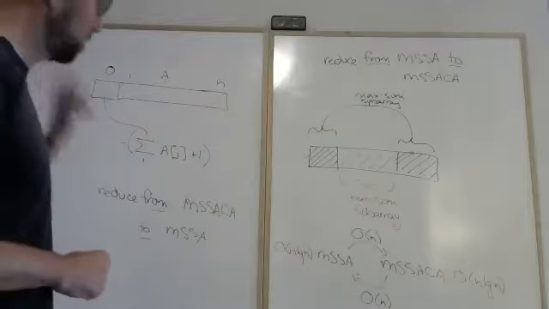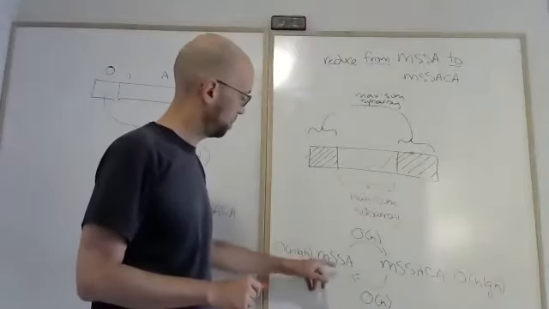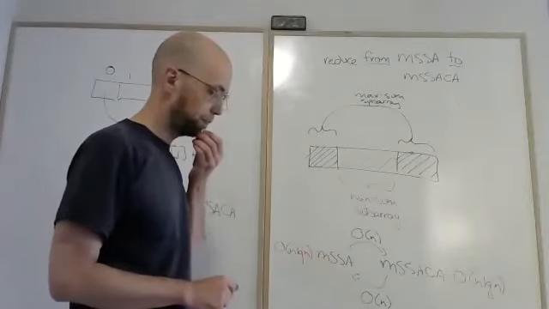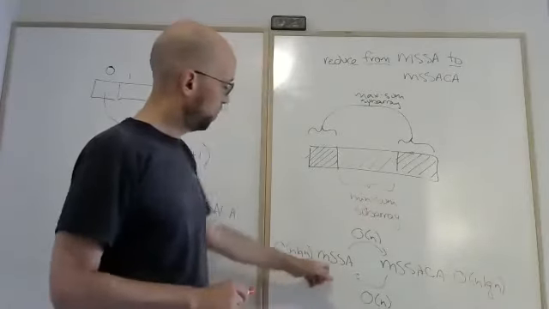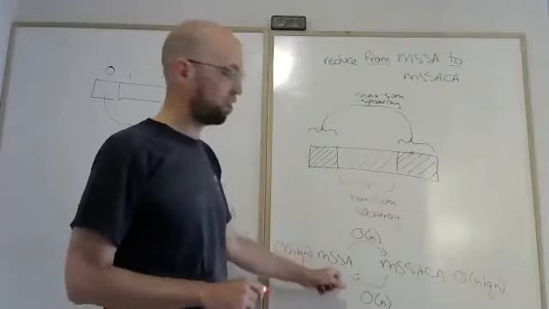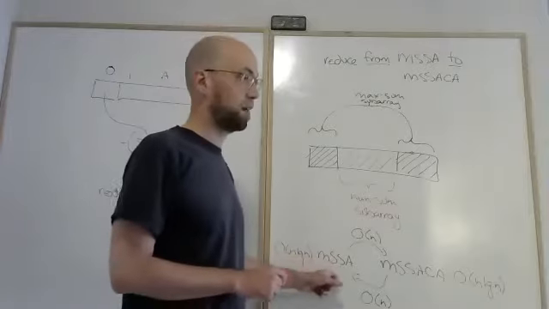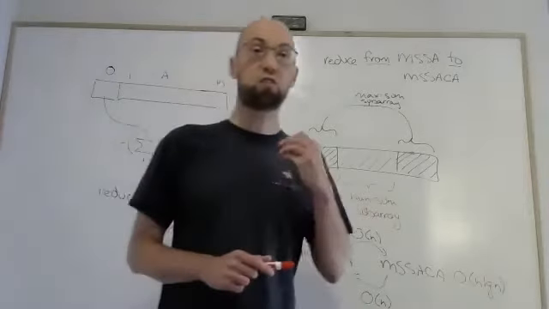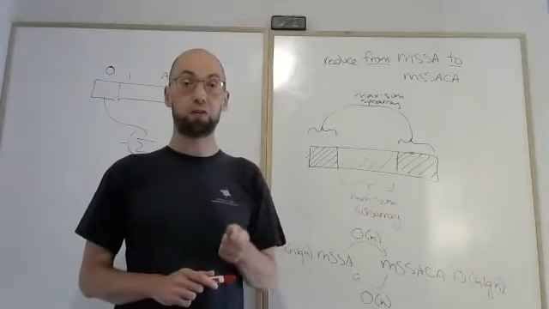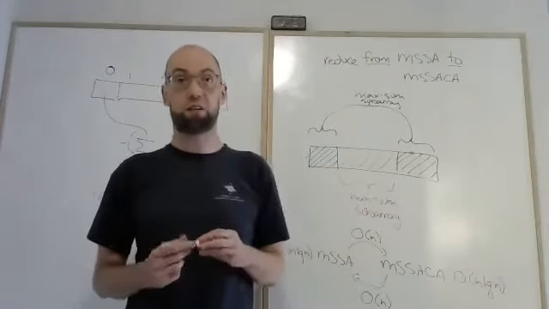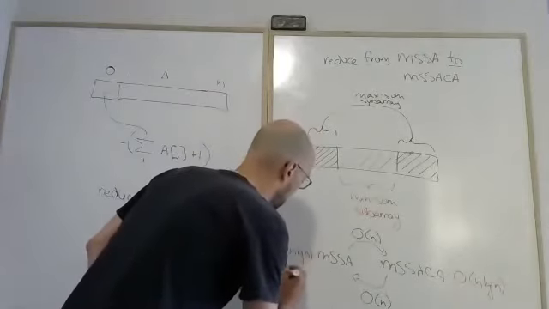But the other cool thing is, suppose we get a faster algorithm for this. For example, suppose we get a linear time algorithm for this, which we just saw in one of the lectures on dynamic programming. So this means that it's O of n log n.